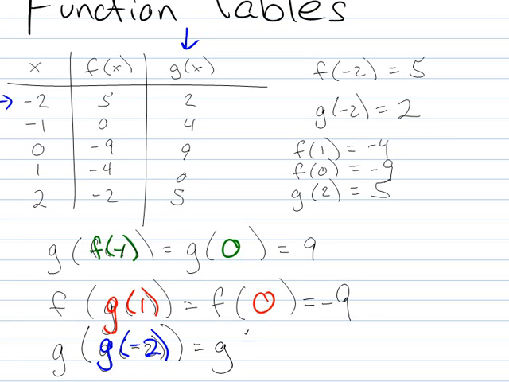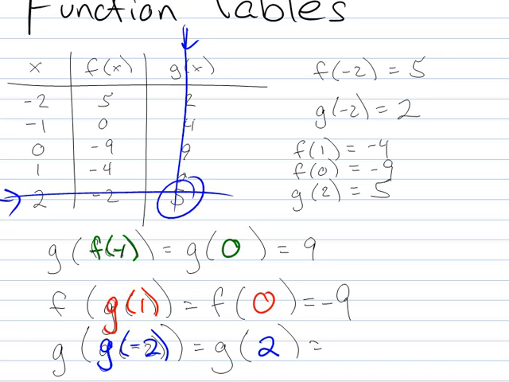G of negative 2 is 2. Now I want to look up g of 2, and g of 2 is 5. Neat? I bet you're fascinated.